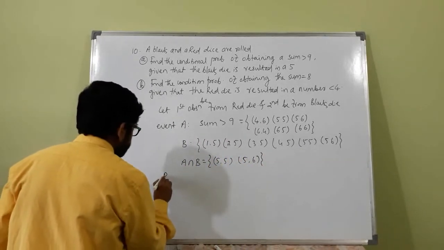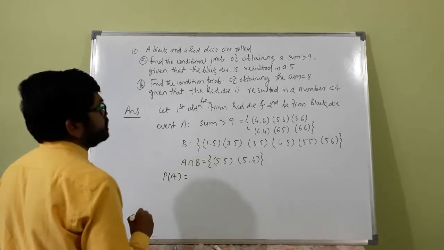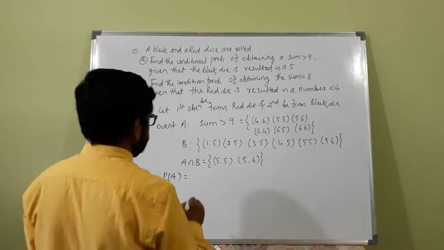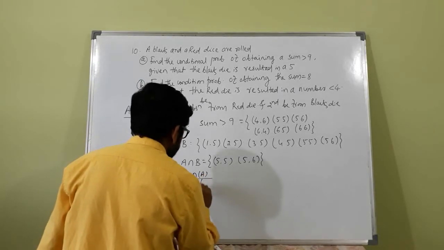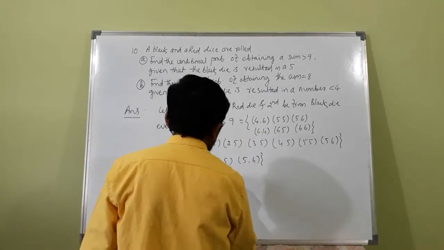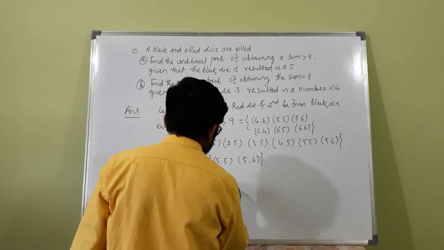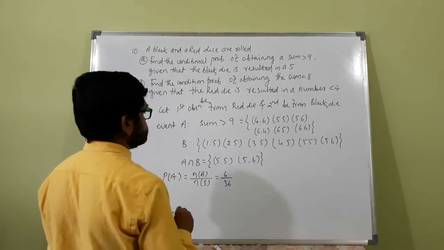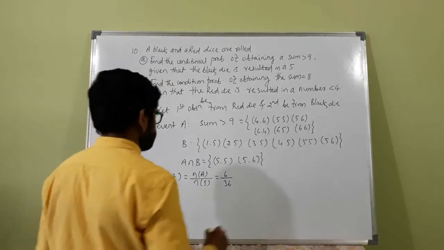Probability of A is n of A divided by n of S. N of A is 6, so that is 6 by 36, because n of S for rolling 2 dice is 6 to the power 2.